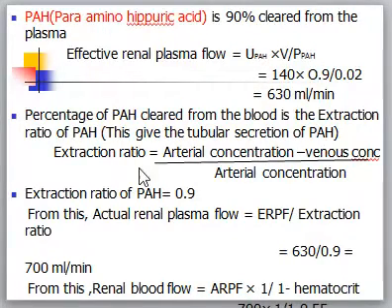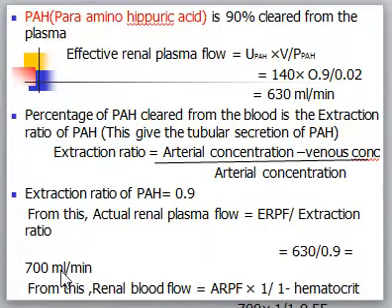So extraction ratio is equal to arterial concentration minus venous concentration divided by the arterial concentration. So we get this extraction ratio as 0.9. From this we get the actual renal plasma flow, which is the clearance divided by the extraction ratio, so 630 divided by 0.9 is equal to 700 milliliters per minute.